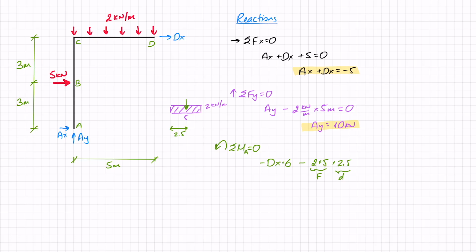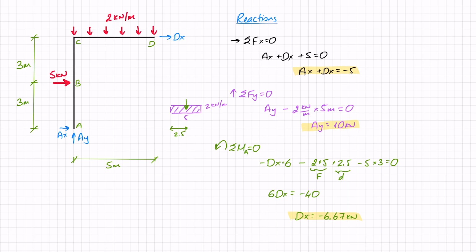I've also got the force of 5 kilonewtons at B, also contributing a negative moment, minus 5. The force is in x, so the distance has to be in y. The distance between B and A in the y direction is 3, so minus 5 times 3. That's all I have, so that needs to equal 0. That gives me 6 DX equals minus 40. If I divide everything by 6, I get that DX equals minus 6.67 kilonewtons.